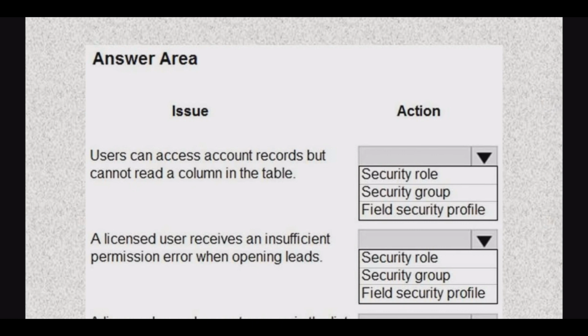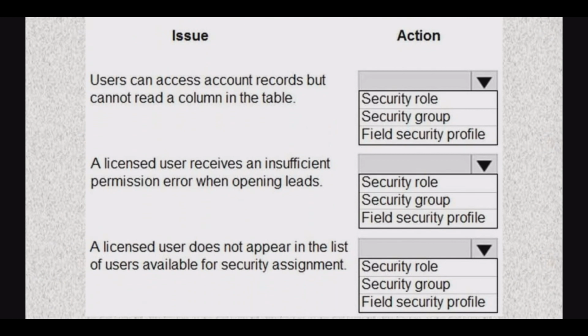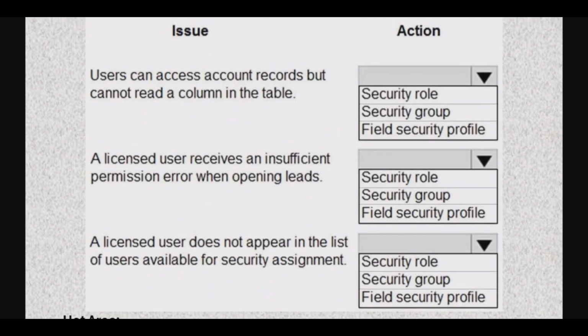The action options are security role, security group and field security profile. And the third issue is a licensed user does not appear in the list of users available for security assignment. The options for the actions are security role, security group, field security profile.